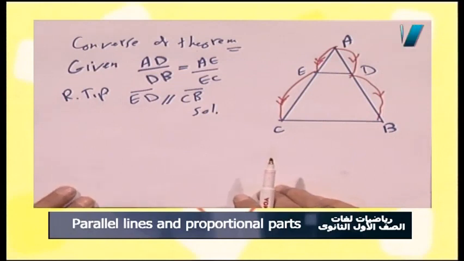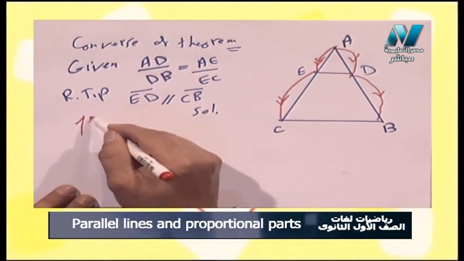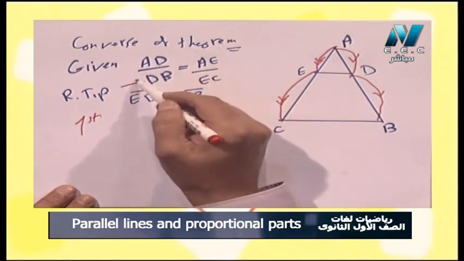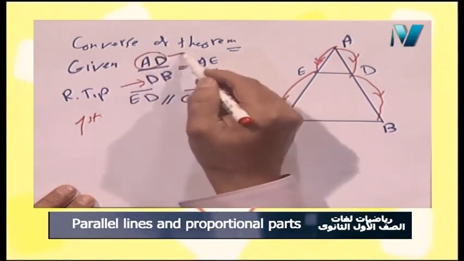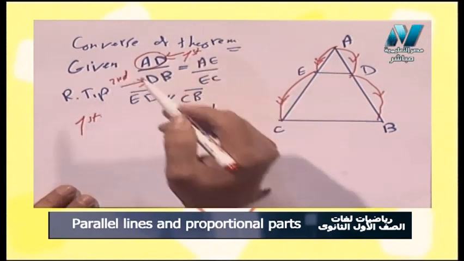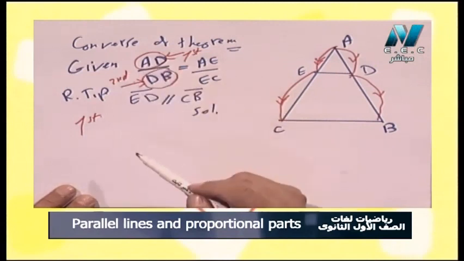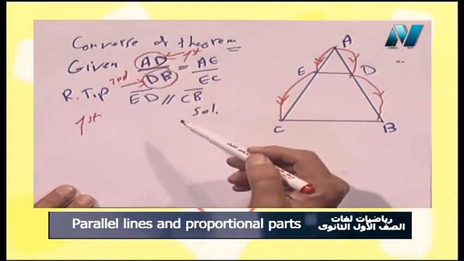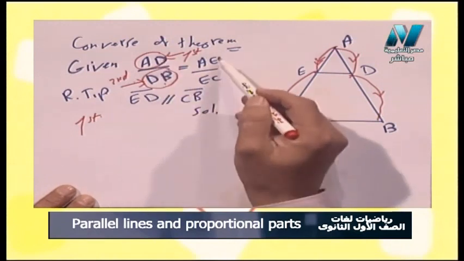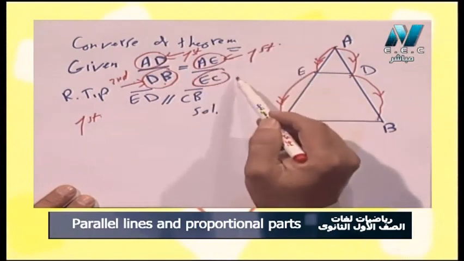From the ratio, this is the first term and this is the second term. We can call them antecedent and consequent, but to be easier, I'll call them first term, second term, and this is the first term also, and this is the second term.